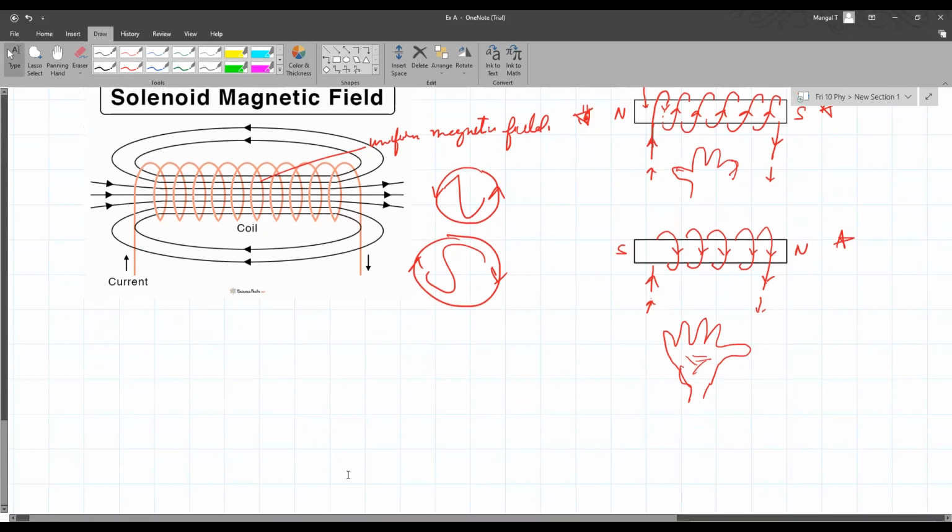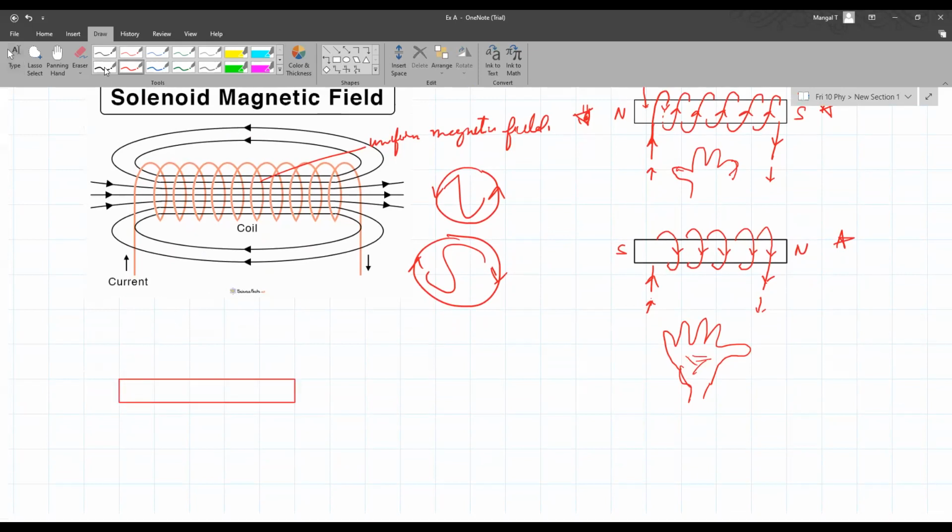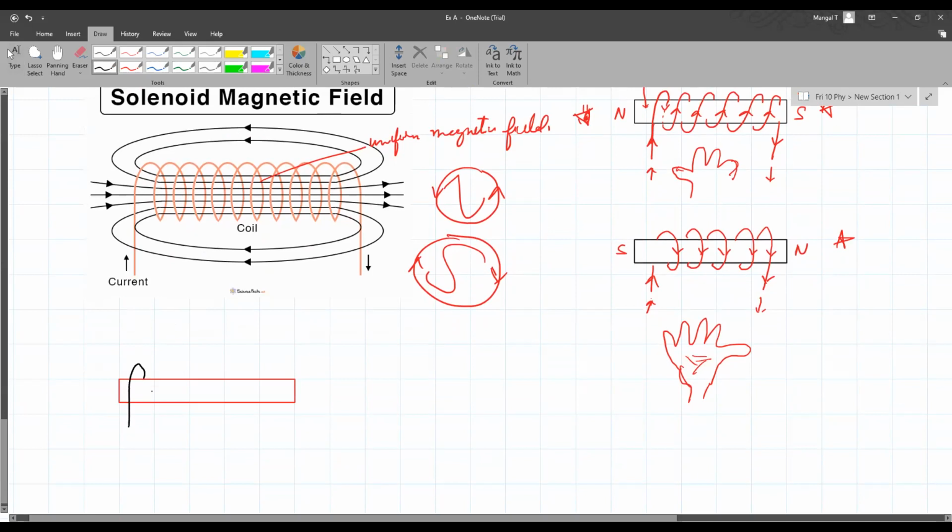Now, such a magnet is called an electromagnet. So if you wrap a current carrying wire around an iron rod, the iron rod will be placed in the magnetic field and will become a magnet. It is called an electromagnet.